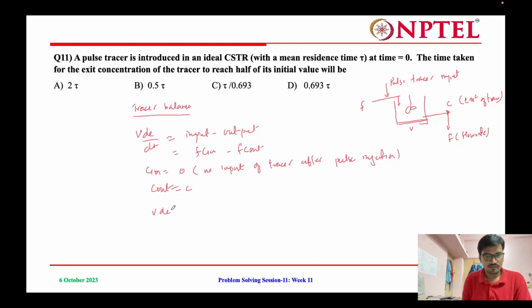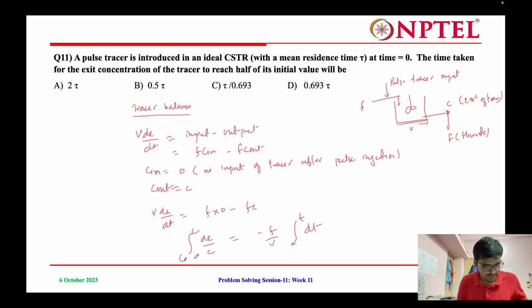V dC by dt equal to F into 0 minus F C. Now rearrange it: dC by C, from C naught to C, equal to minus F by V, integral 0 to t dt. Here C naught is the initial concentration of tracer input.